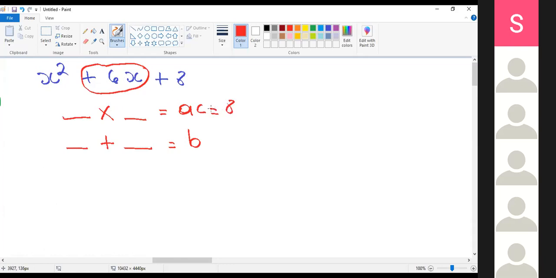Everybody following me? Yes. And B in this case would be 6, positive 6. All right? So we're going to have to find 2 numbers now that when you multiply them, you get 8, and when you add them together, you get 6.